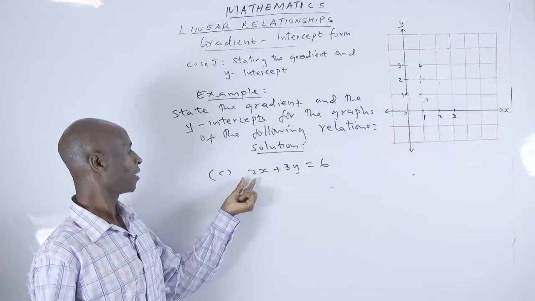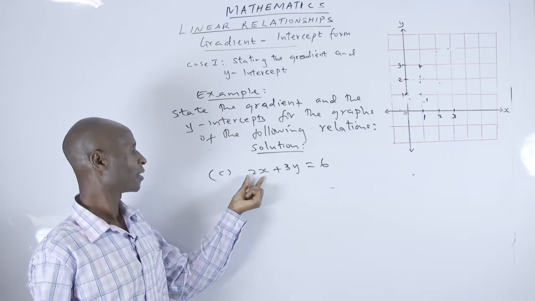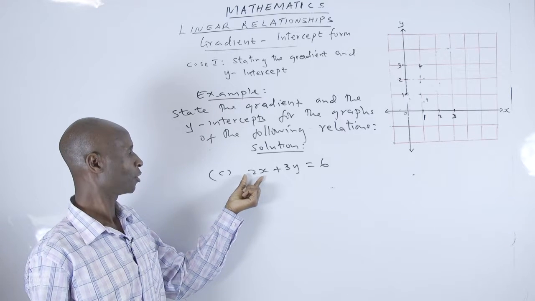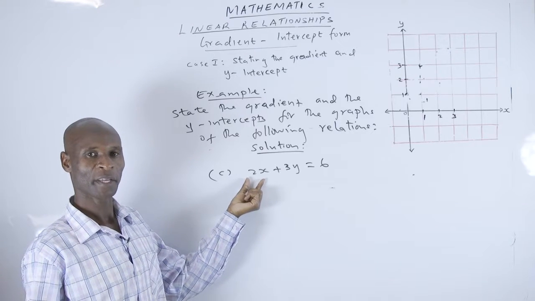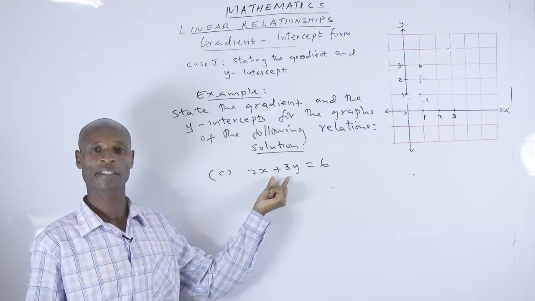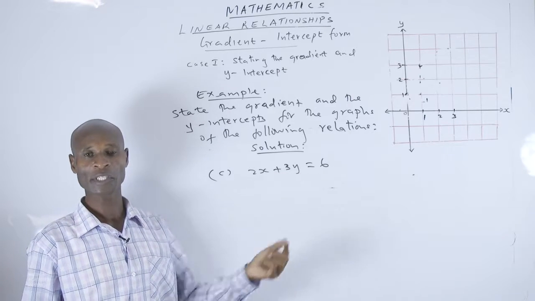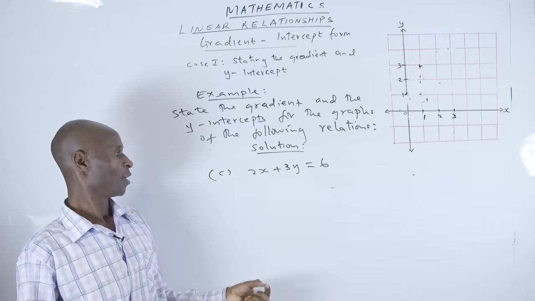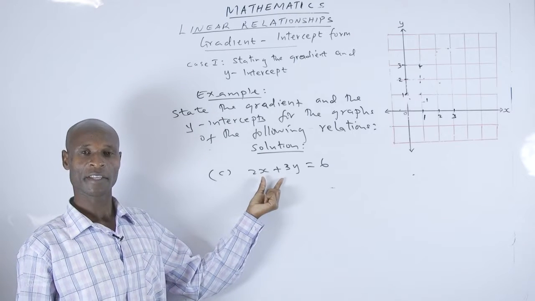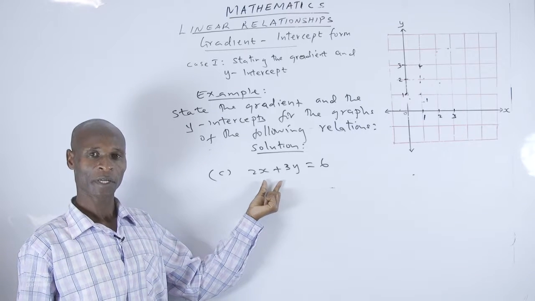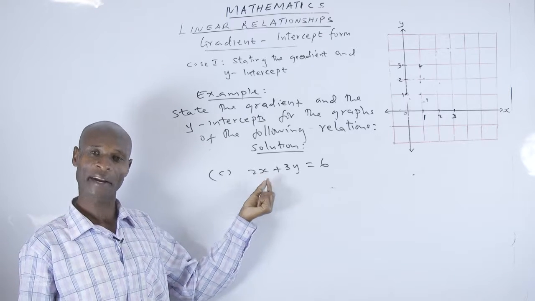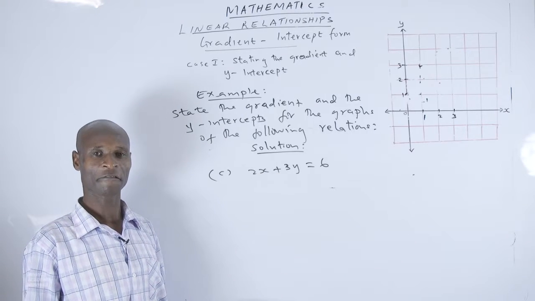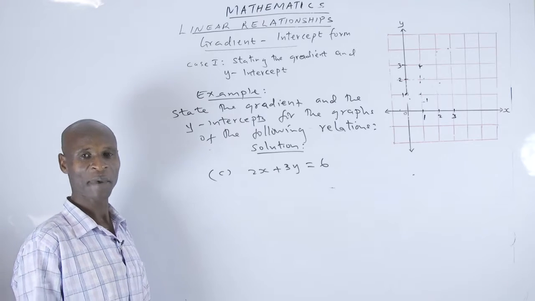Let us look at part C of our example. In part C, the equation is 2x plus 3y is equal to positive 6. You will notice that this equation has not been arranged. So there is need for us to rearrange the equation in the form y is equal to mx plus b.